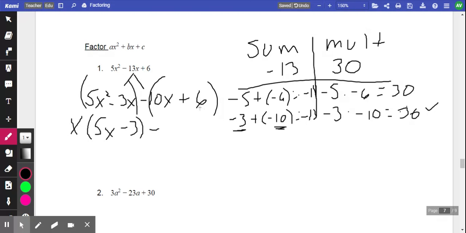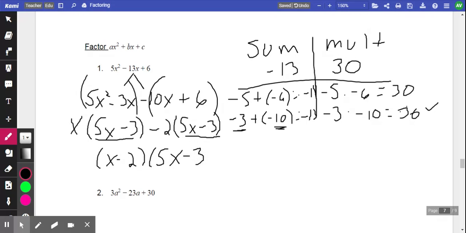The GCF between -10x and 6 is -2. -10x divided by -2 is 5x, and 6 divided by -2 is -3. Once we get here, remember these two should be the same. And then we write our answer: x minus 2 times 5x minus 3.